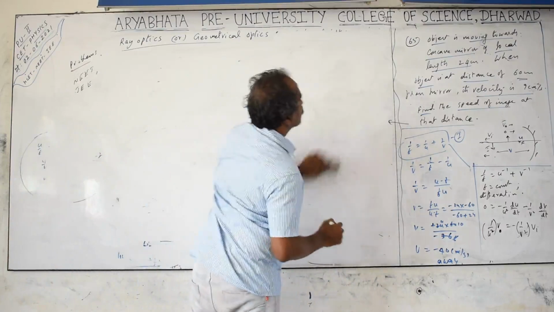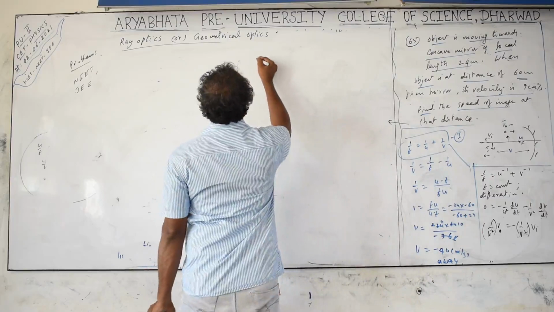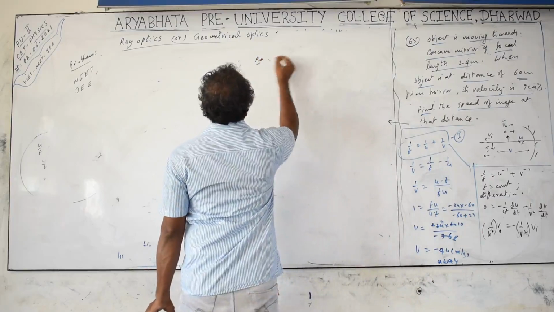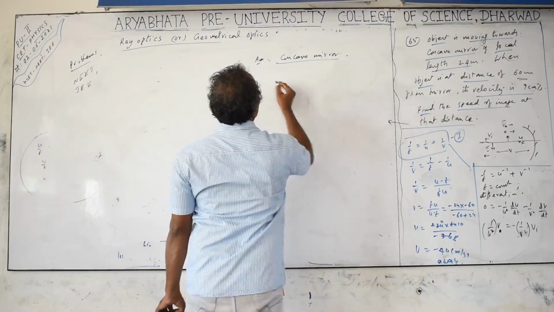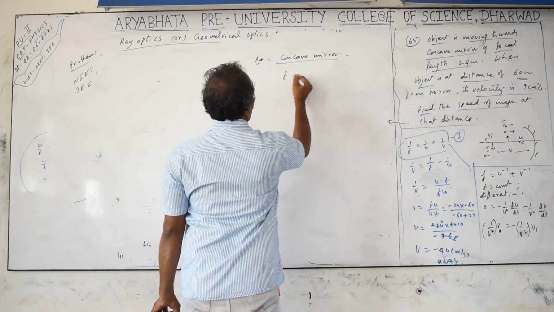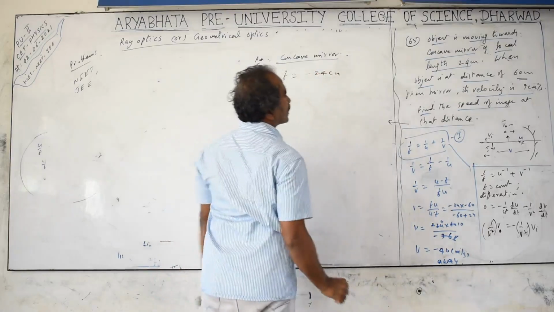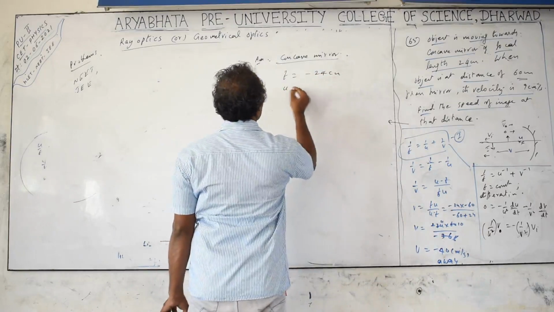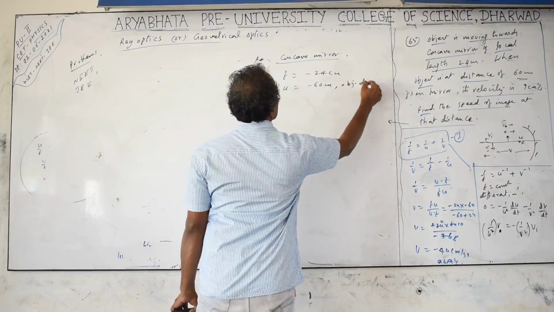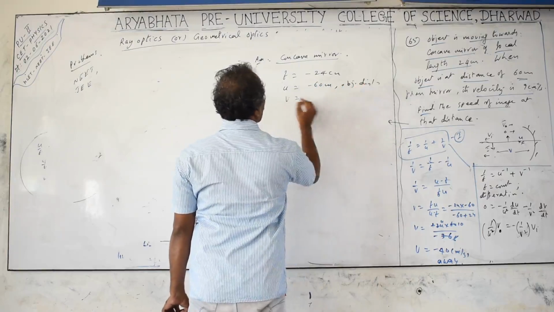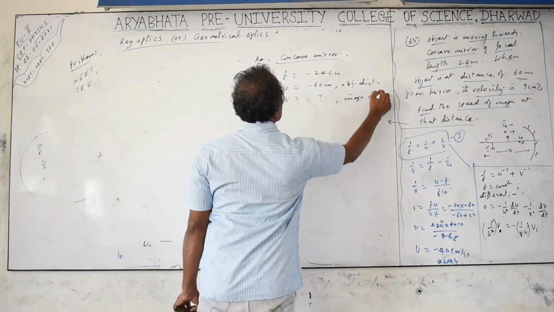For this problem, it is a concave mirror. The focal length is minus 24 centimeters, on the left side, and the object distance u is minus 60 centimeters. V we don't know, we have to find it, that is the image distance.